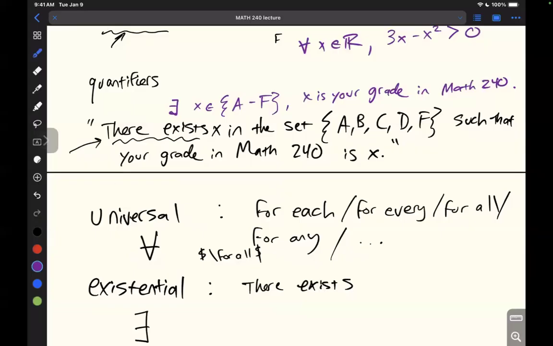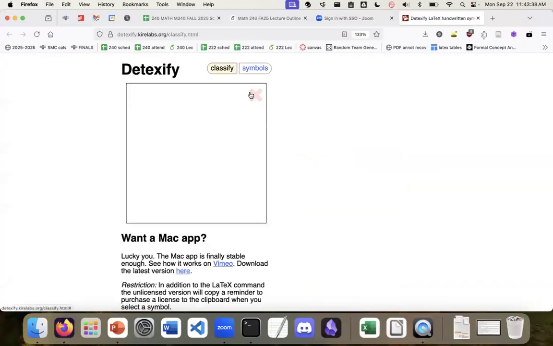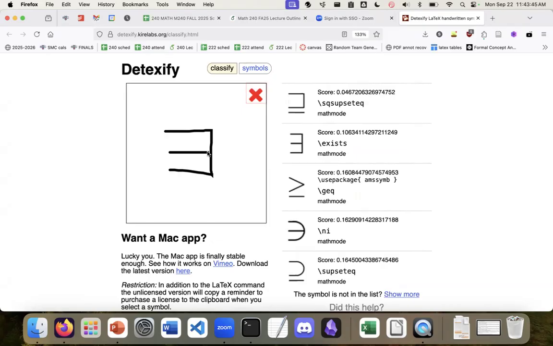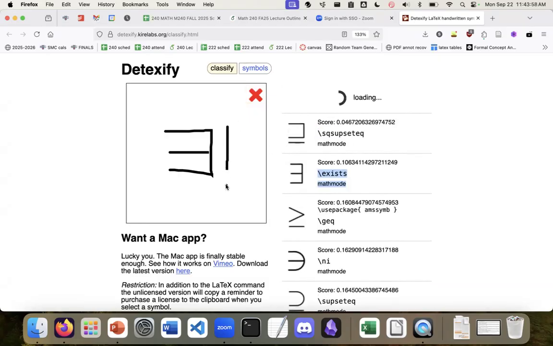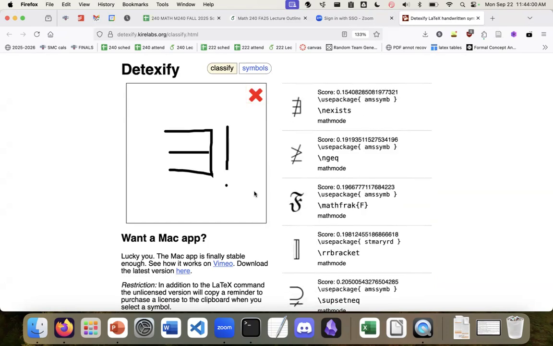Let's see what the command for the backwards E is. I think it's there exists. No, it's just exists. For there exists only one, just put an exclamation point like that. Because an exclamation point is a character you can type on your keyboard.